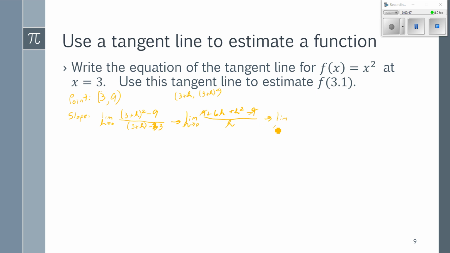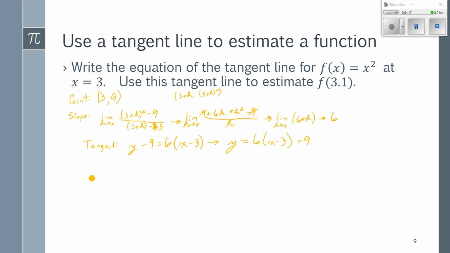So I have the limit as h approaches 0 of 6 plus h, which is 6. So now that I have my point and the slope, the equation of my tangent is y minus 9 equals 6 times the quantity x minus 3. Or if you prefer to have the y isolated, I'd have 6 times the quantity x minus 3 plus 9.